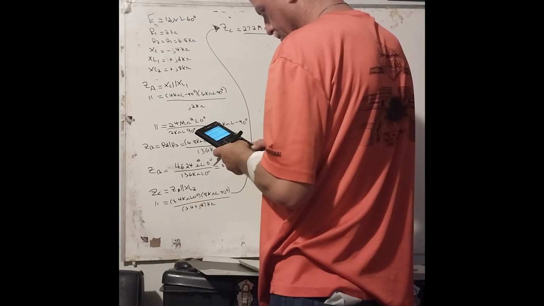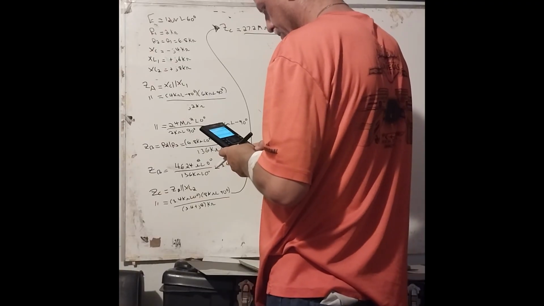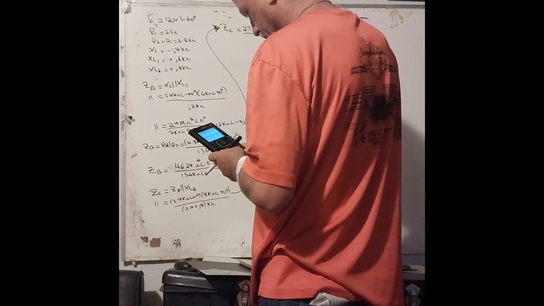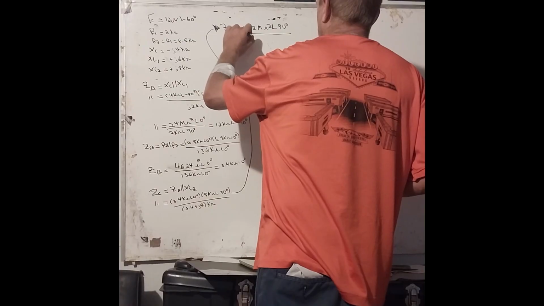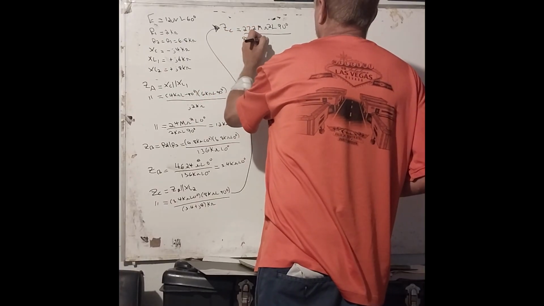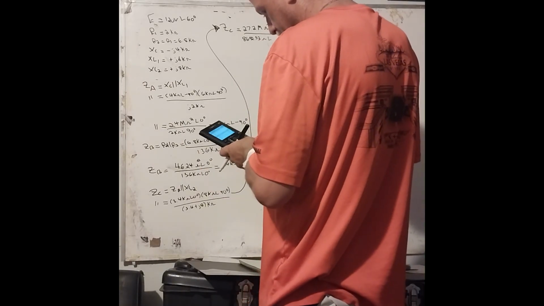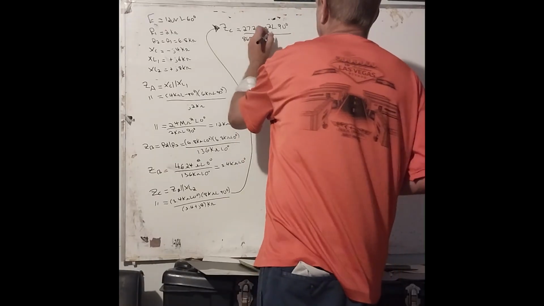We have the square root of 3,400 squared plus 8,000 squared. 8692. Let's just put the decimal values there. This is going to be ohms at an angle of inverse tangent of 8 divided by 3.4. So 66.97 degrees.